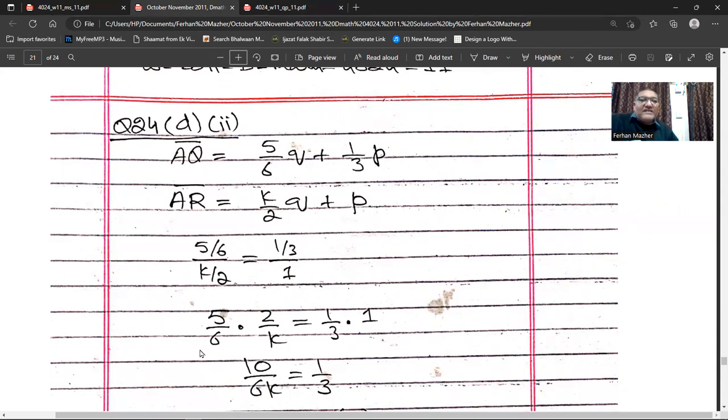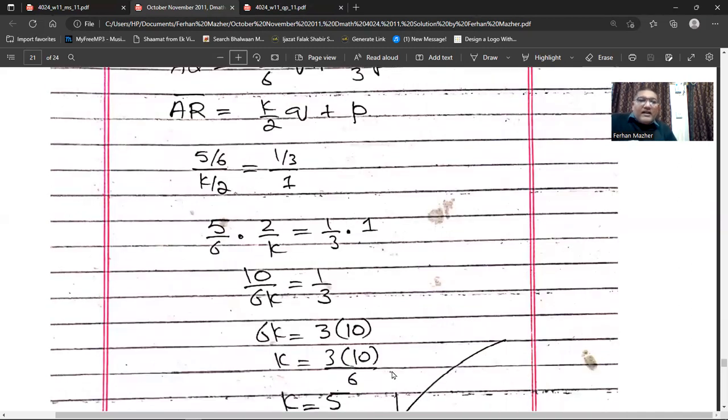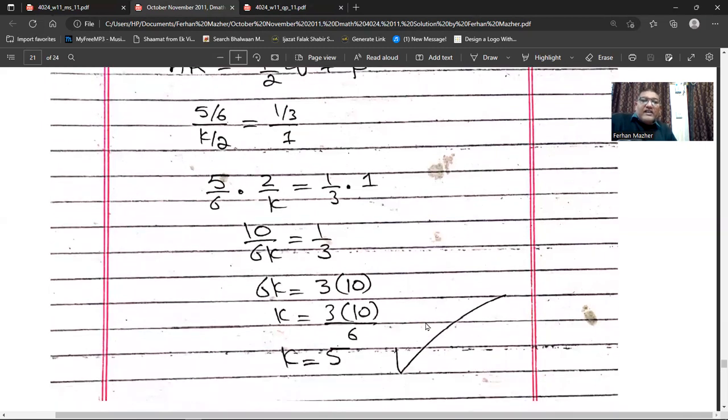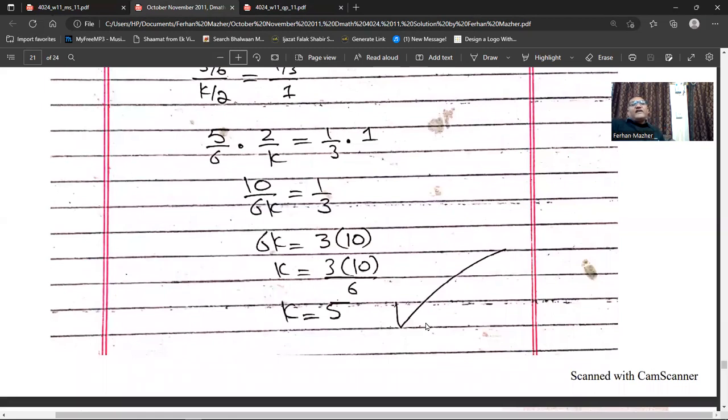You will bring this upstairs, so it will become 2 by K, and this will become 1 by 3 into 1. So it will be 10 by 6K equals 1 by 3. So cross multiply, and you will have 6K equals 30. So the K will be equal to 30 divided by 6, and that will be 5.